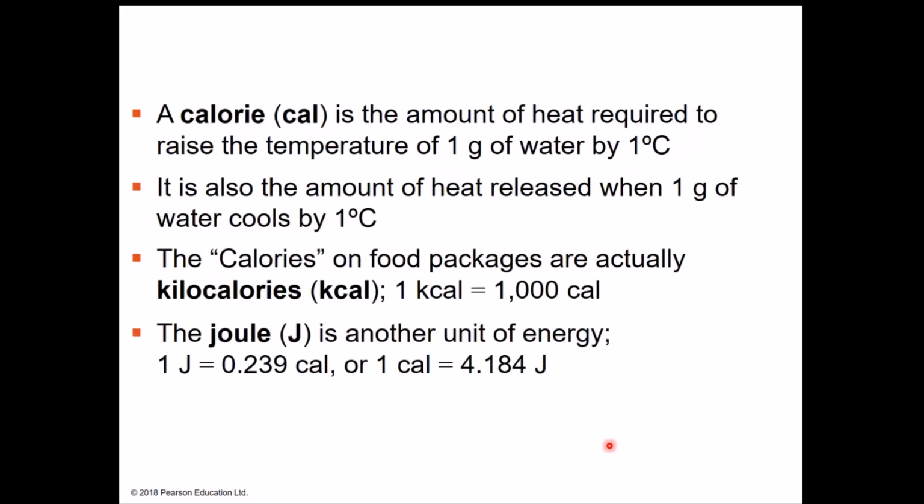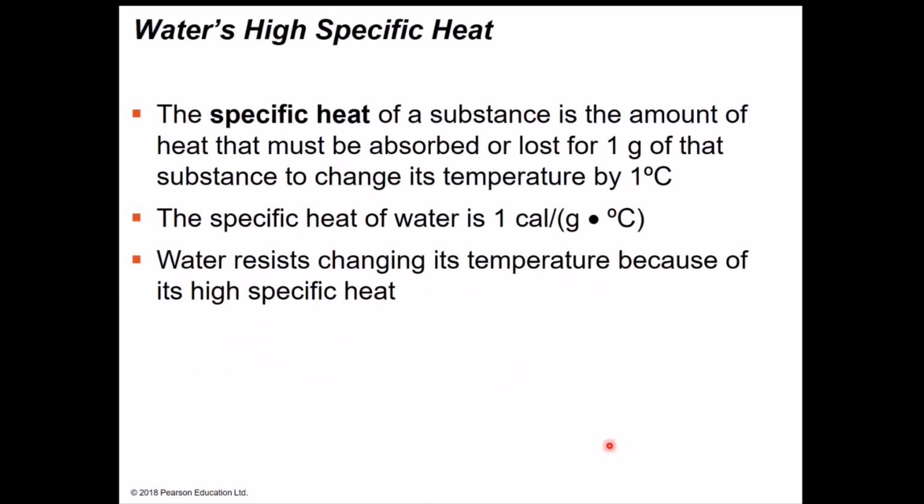For the calorie, it is the energy doing the work. But for the specific heat, the substance must absorb enough that 1 gram will change its temperature by 1 degree Celsius.